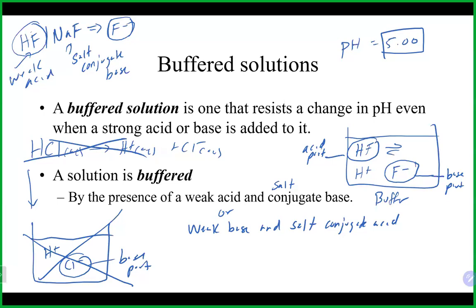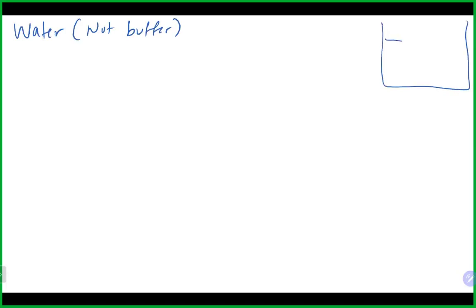So let's talk about really how a buffer works. Let's start with how a buffer works when it's not a buffer. So if we take water, which is not a buffer, and we decide we want to add hydrochloric acid to it.